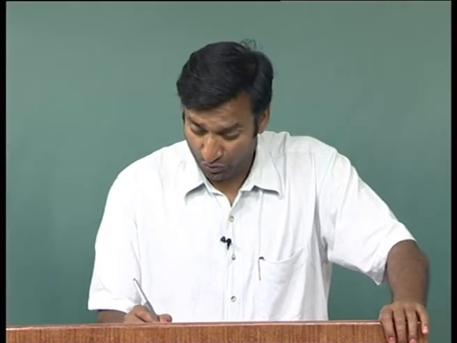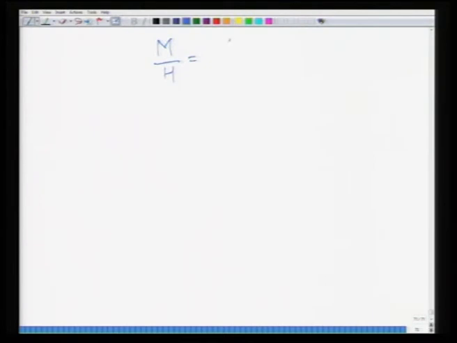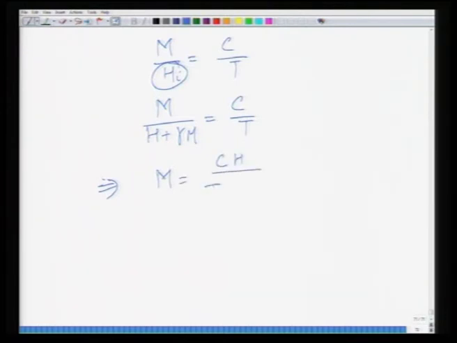So, you know that m by H is C by T, where H is the internal field in this case. So, you replace it: m divided by H plus gamma m, let us say this is Hi, where Hi is the applied field in paramagnetic materials, is equal to C by T. If you rearrange this, you get m equal to C H divided by T minus gamma C, or m divided by H equal to C divided by T minus theta.